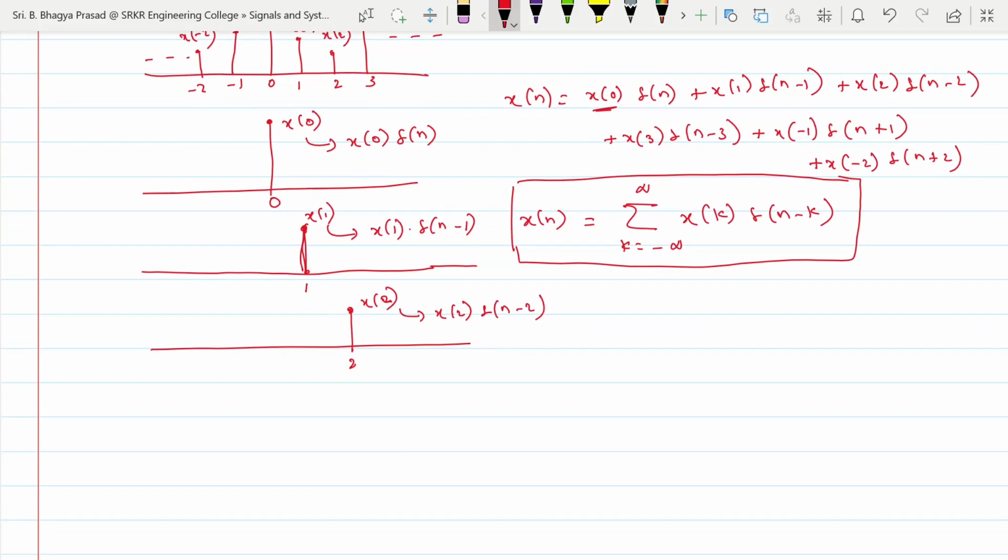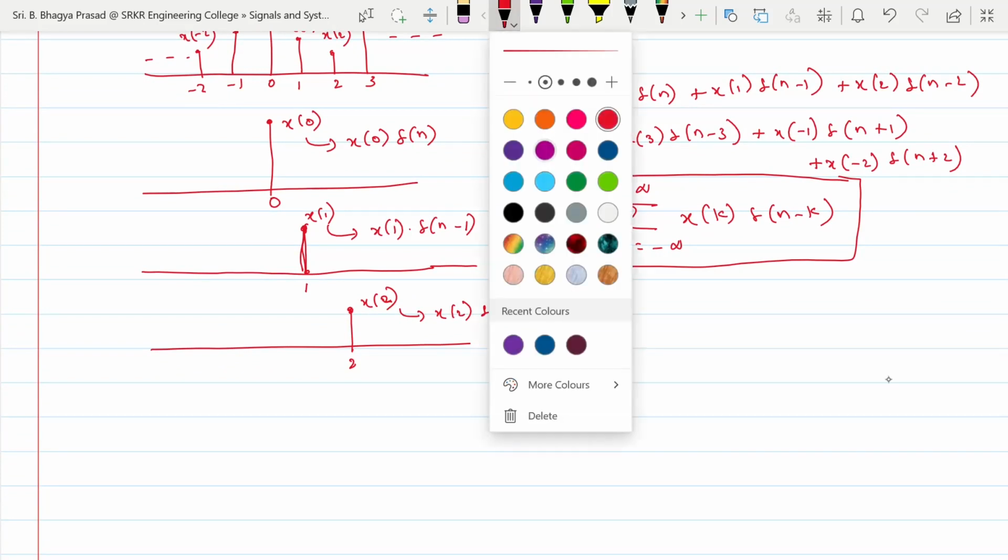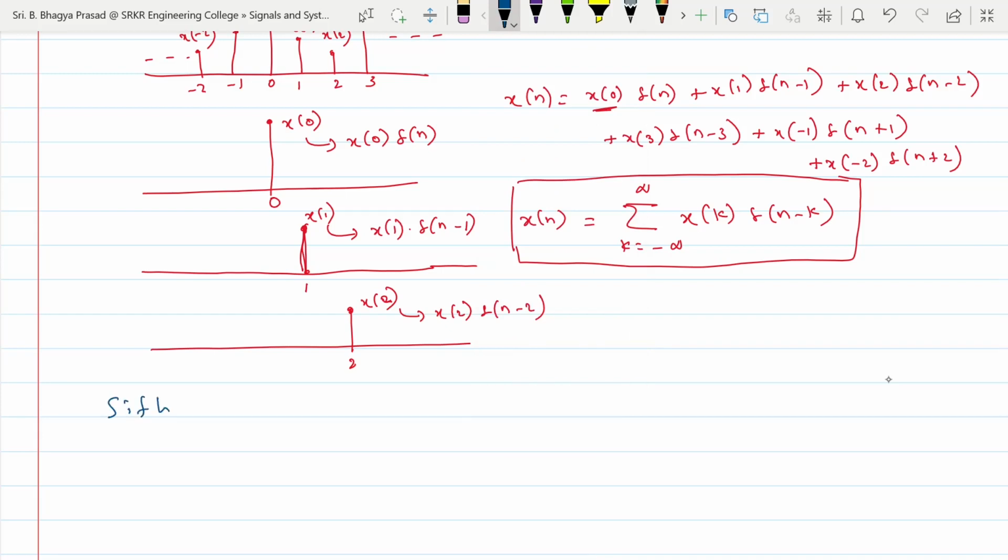The shifting property is x of n del n minus k equal to x of k del n minus k. By this shifting property, we shift out the particular sample.